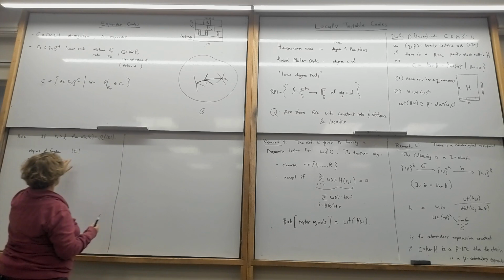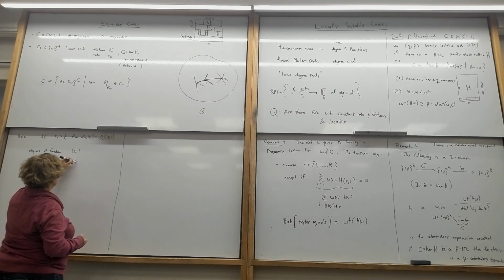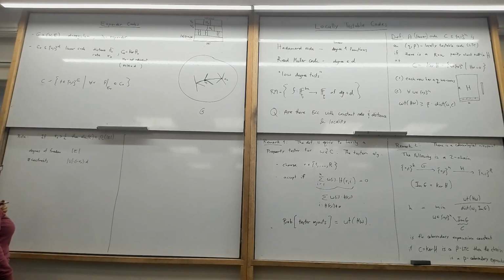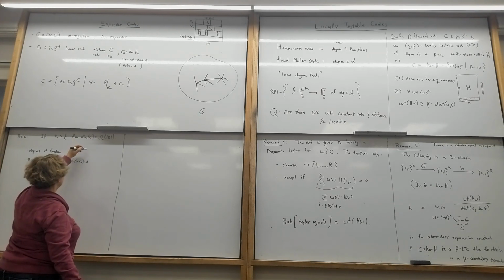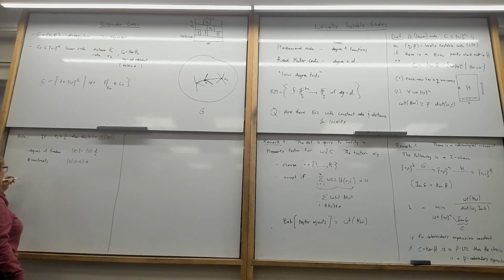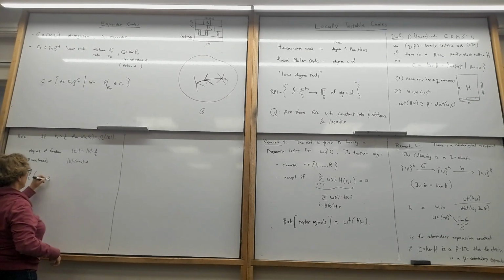So the number of degrees of freedom is E, but the number of constraints we wrote is V times (1 minus R0) times D. I'm just copying from over there. But E itself is V times D over 2. So if I subtract, I get V times D over 2, and then 1 minus 2 R0, since this is V times D over 2 times 2.